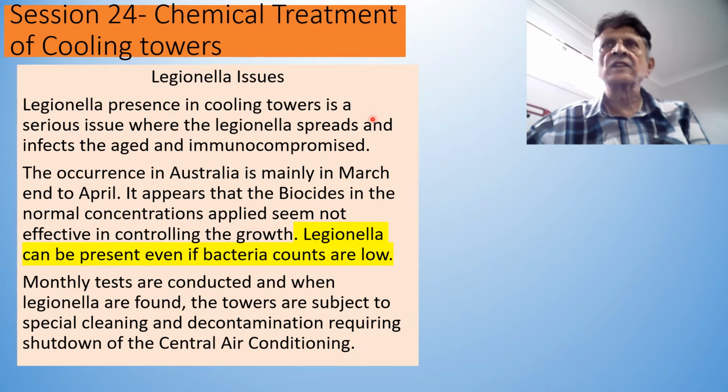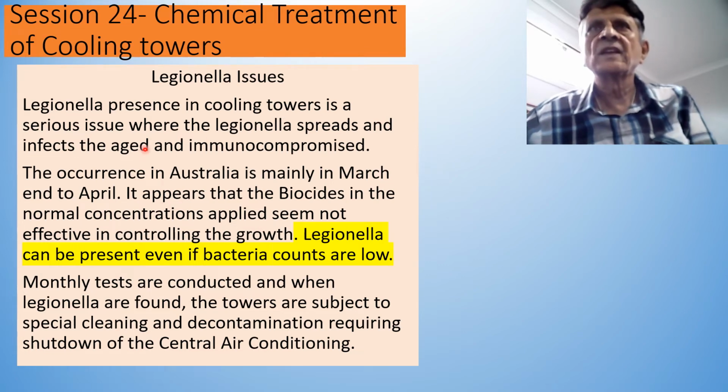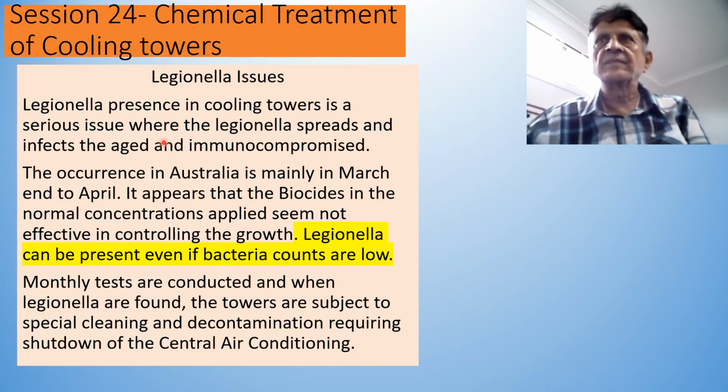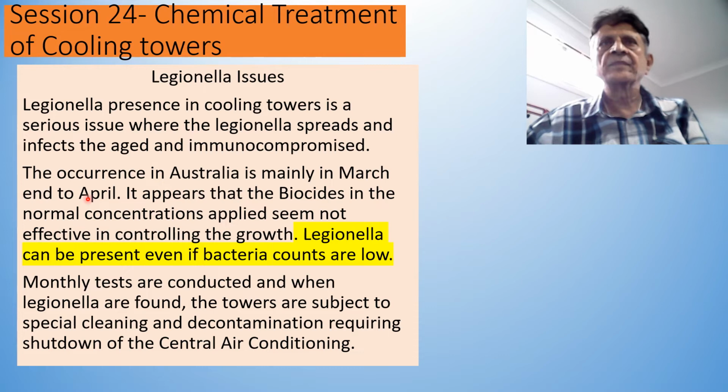Legionella presence in the cooling tower is a very serious issue, because Legionella spreads and infects the aged and immunocompromised through the plume that can travel for many kilometers down to the surface. The occurrence in Australia is mainly from March to the end of April.